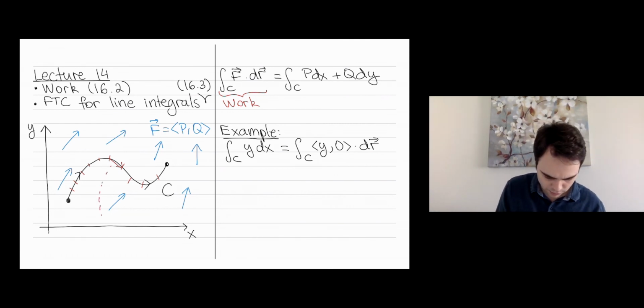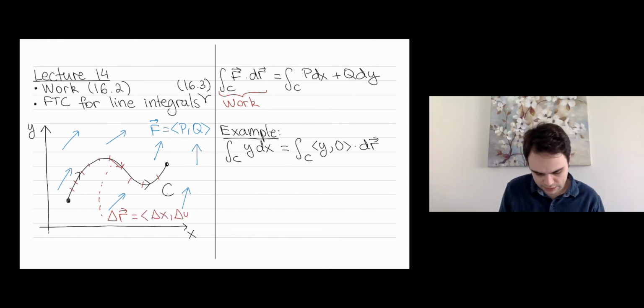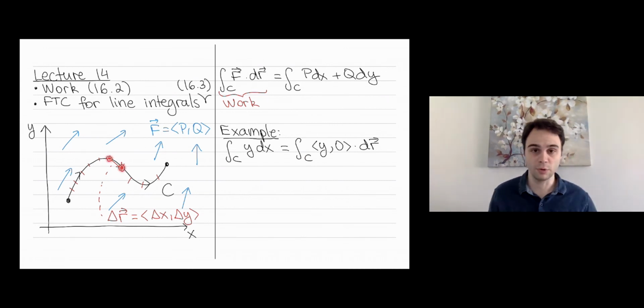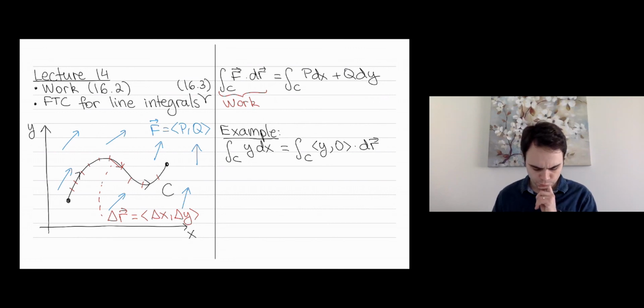If I give you a displacement vector delta r, in 2D it has two components, delta x and delta y: the differences in the x-coordinates, and similarly the y-coordinates, of two consecutive points in the partitioning of the curve.